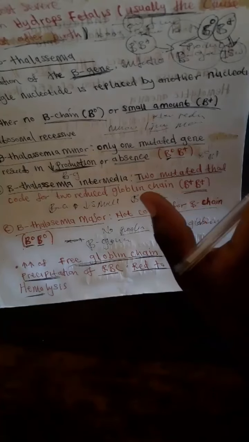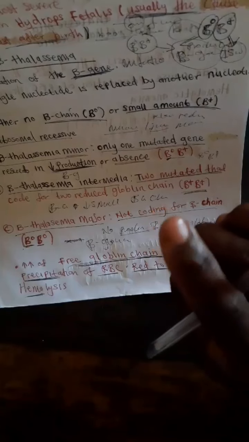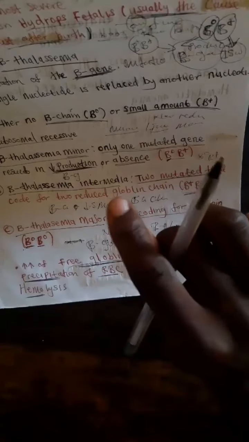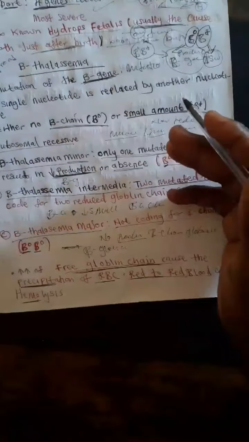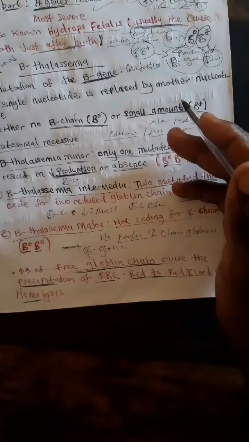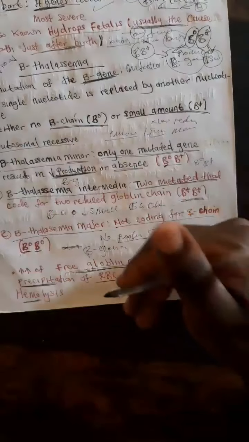The difference between the beta and the alpha is that in alpha, the genes are deleted. For beta, the genes are mutated such that they can either produce the beta chain or fail to produce it. If they produce, it is in very small amount.